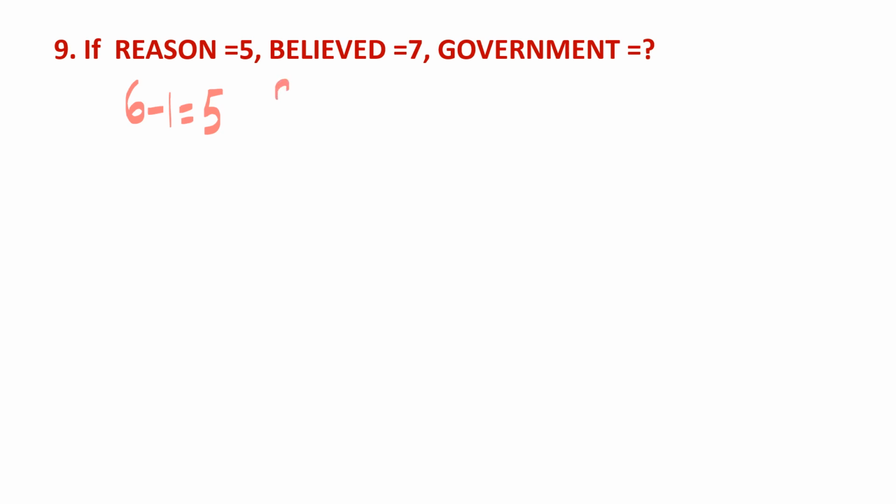Number of letters here is 8. 8 minus 1 is equal to 7. Government, number of letters 1 to 10. 10 minus 1 is equal to 9. So government is coded as 9.